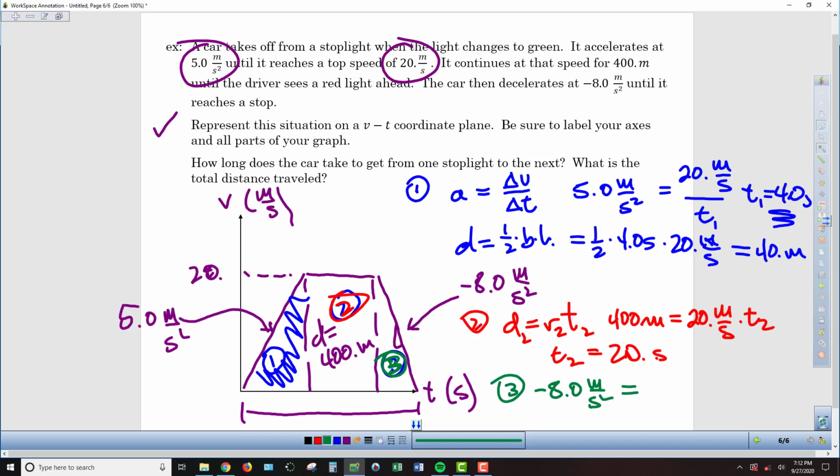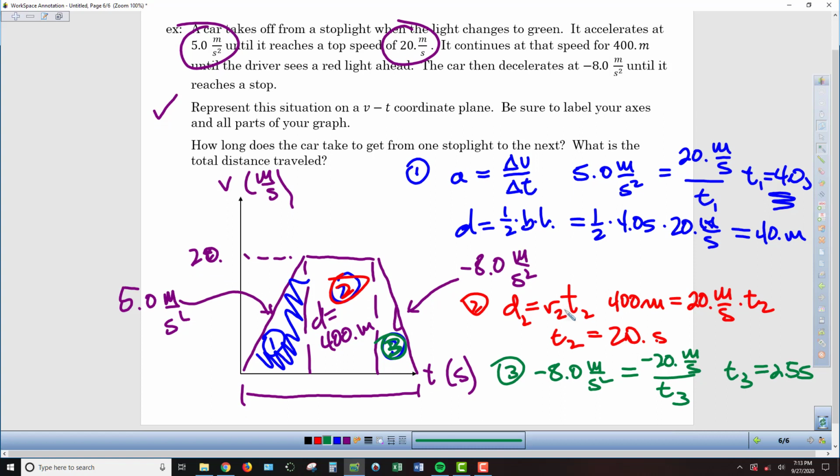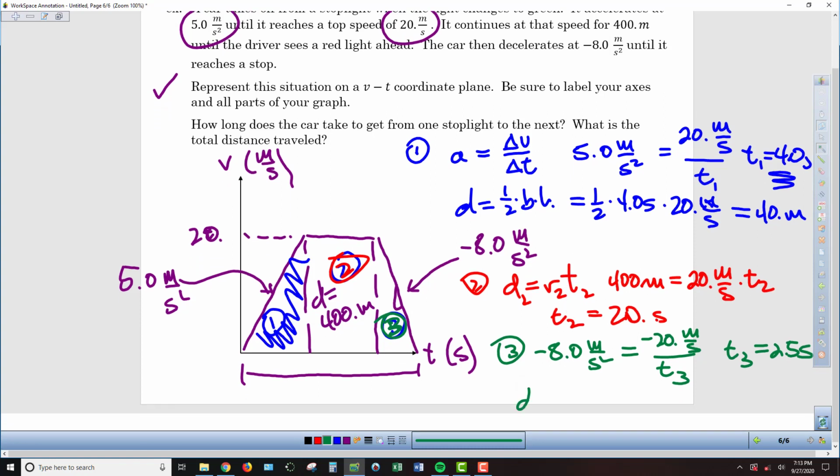That's going to be equal to our change in velocity, but now since we're going from 20 meters per second to 0, that's going to be negative, so our positive and negative signs are going to work out, and then that's going to be divided by this length of time for the third segment. And so eventually, if we just switch the t3 and the acceleration, we're going to end up with a time of 2.5 seconds.